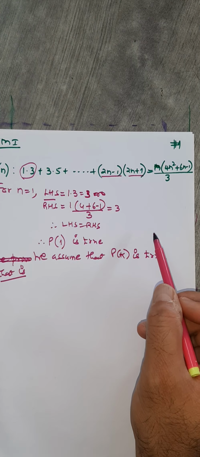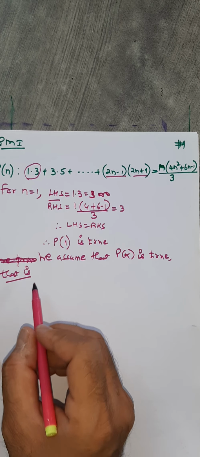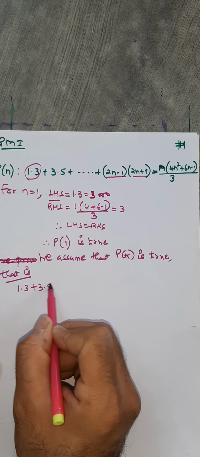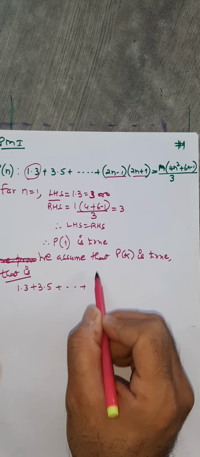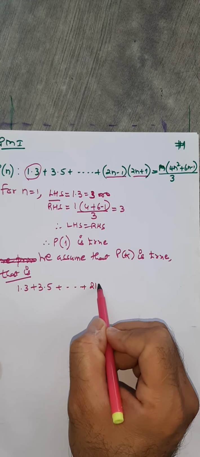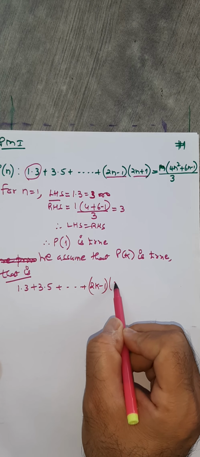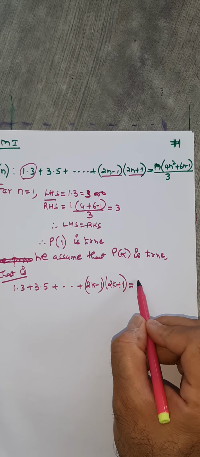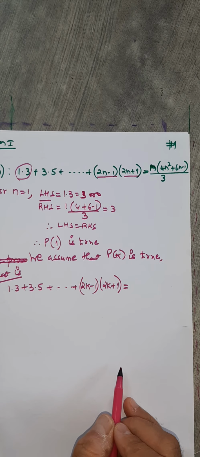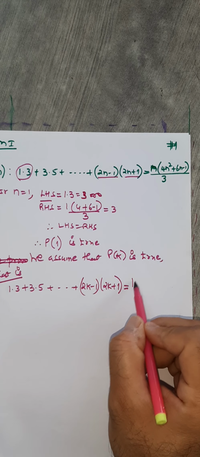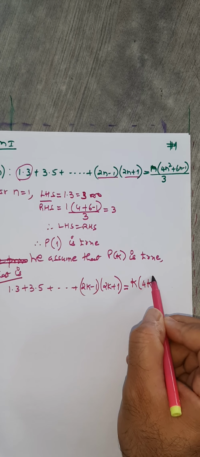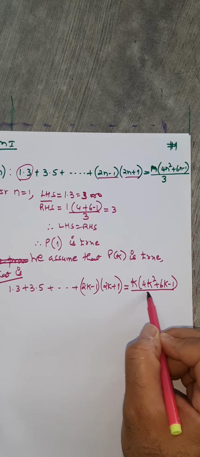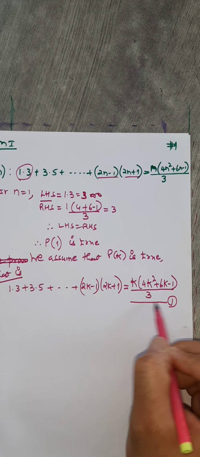So you have 1 into 3 plus 3 into 5 and so on, up to 2k minus 1 into 2k plus 1, equals k into 4k square plus 6k minus 1 upon 3. This is just 1.